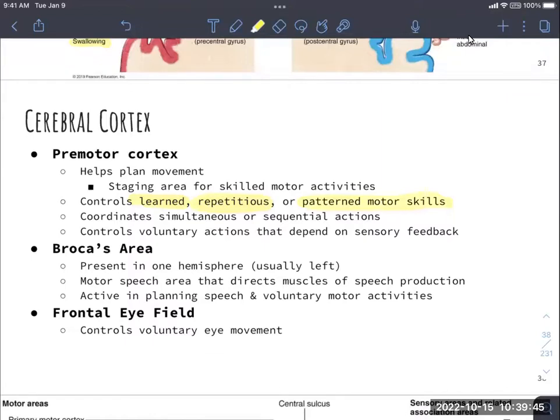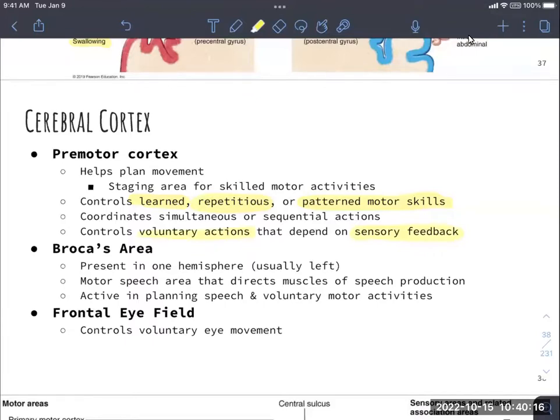Walking's a patterned movement. Running's a patterned movement. Even writing is a patterned movement in one form or another. So that premotor cortex is going to send out down to the body voluntary actions based off of what sensory information the brain had received.